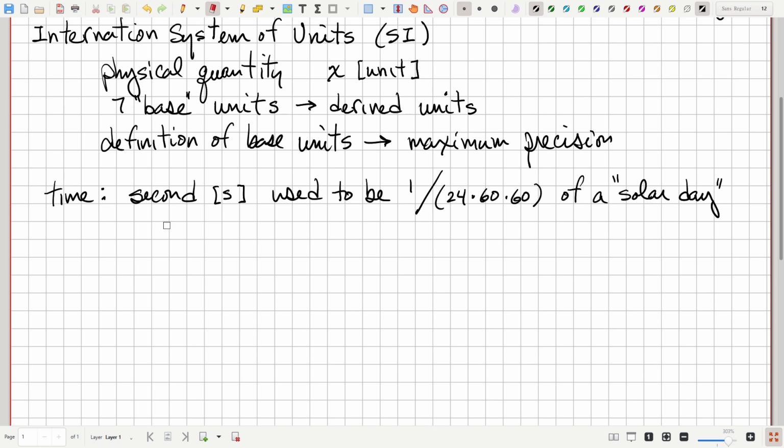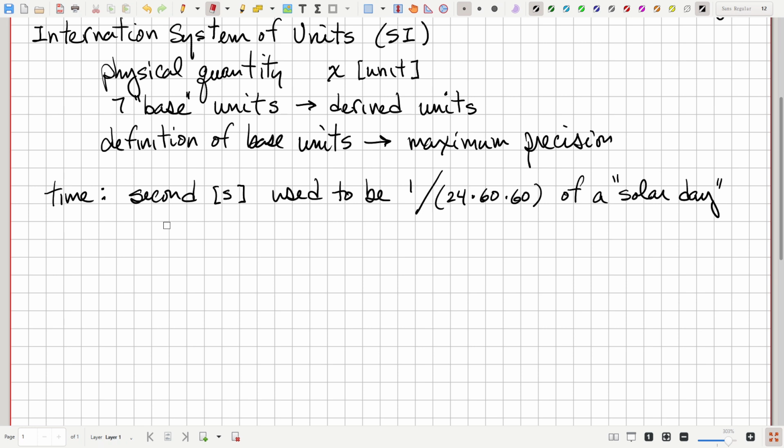But it turns out that the Earth does not spin at an absolute uniform rate. Over time, it slows down very gradually, but also from year to year, it can slightly speed up or slightly slow down due to changes in the internal configuration of the Earth.